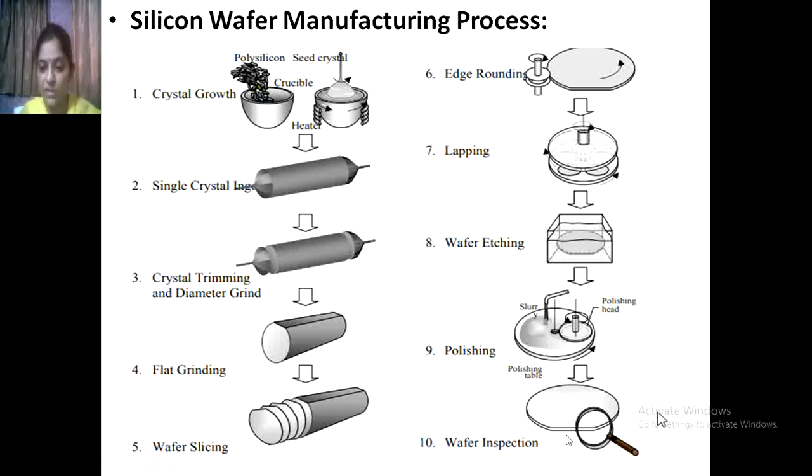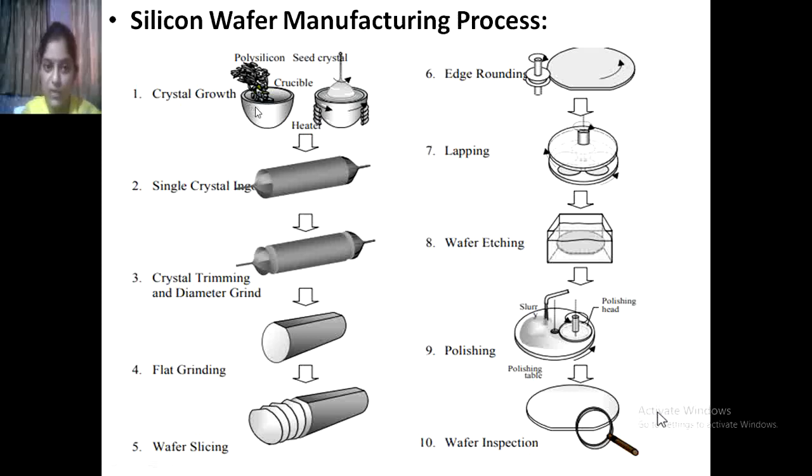After polishing, we have to test the polished silicon wafer. It is under inspection, where we check that there is no damage on that single silicon wafer. Okay, so the steps are very easy to understand.